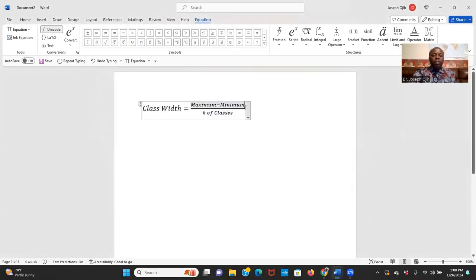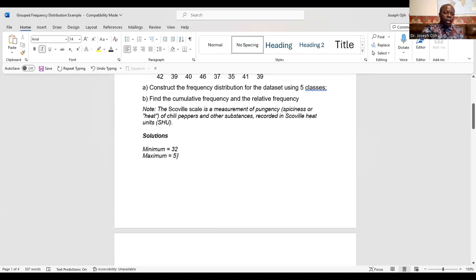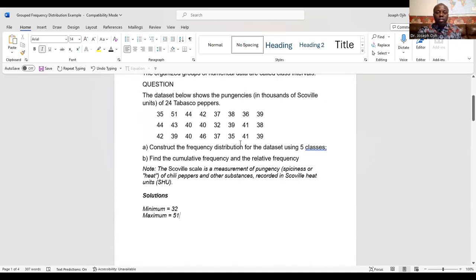In this case, when you look at our data set, our maximum is 51. We write it down, 51. And our minimum is 32, right? And the question says using 5 classes, see? So number of classes is 5.